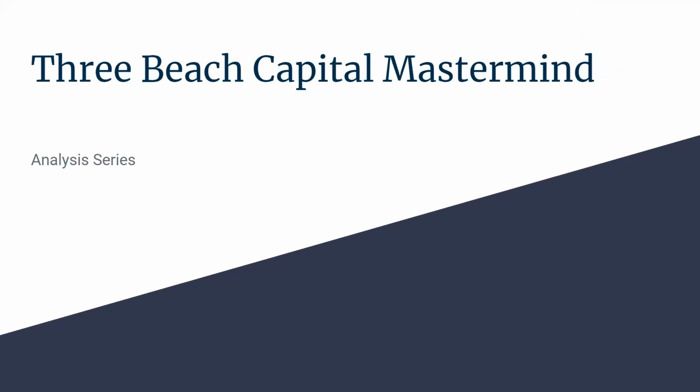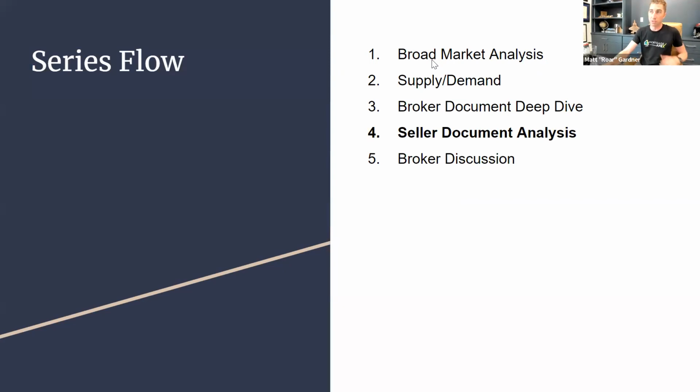All right. So if you guys remember, just to give us a refresher, we're breaking down the weekly calls by two different cohorts, different series that we're doing. First one being more of a beginner type series. We're trying to touch on that flow, but this flow really focusing on analysis being the primary driver here. And so we started with that broad market analysis being the national and regional kind of analysis that we jumped into. Then we jumped into supply and demand, kind of getting more into the weeds in that broad topic.